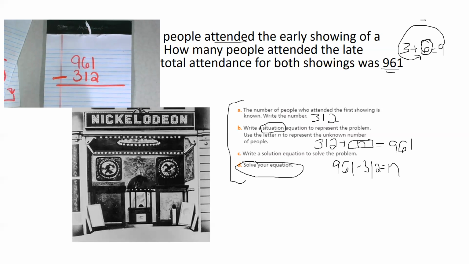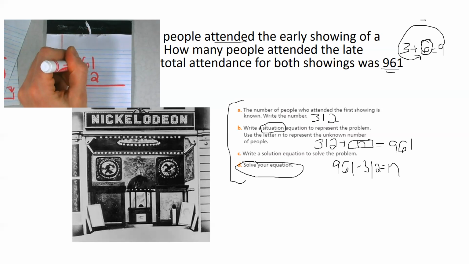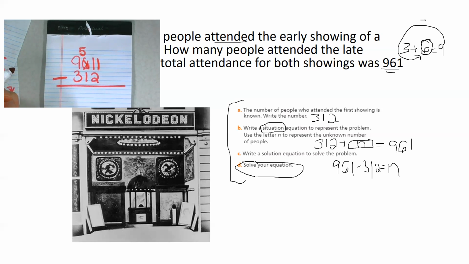I have 1, I lose 2, that's illegal. I have 6, okay, I'm going to borrow you. Now, instead of having 1, I have 11 because I borrowed 10. 11 minus 2 is 9. 5 minus 1 is 4. And 9 minus 3 is 6. Answer is 649.